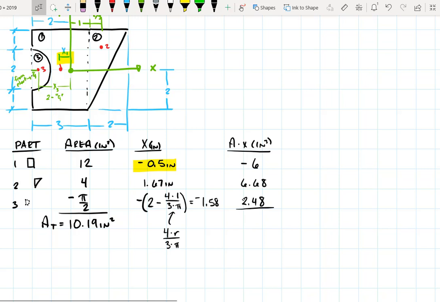So a negative area on the negative side of the y-axis shifts the centroid of the whole shape to the right by creating a positive term in this summation of ax, which is 2.48 plus 6.68 minus 6, 3.16 inches cubed.